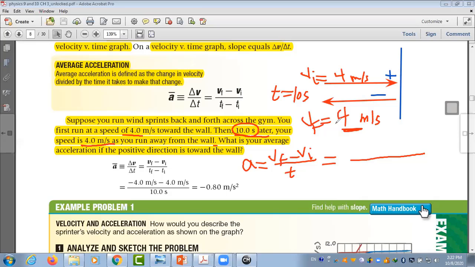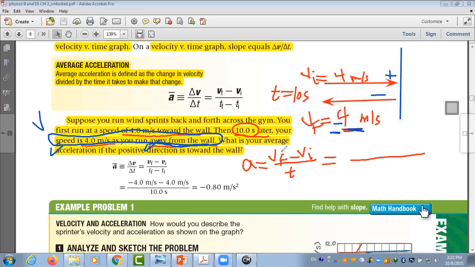No, Vf will be minus 4. Look here: 10 seconds later, your speed is 4 meters per second as you run away from the wall. So he gave us speed, the magnitude, and he gave us the direction. So when you write, you must show magnitude and direction.